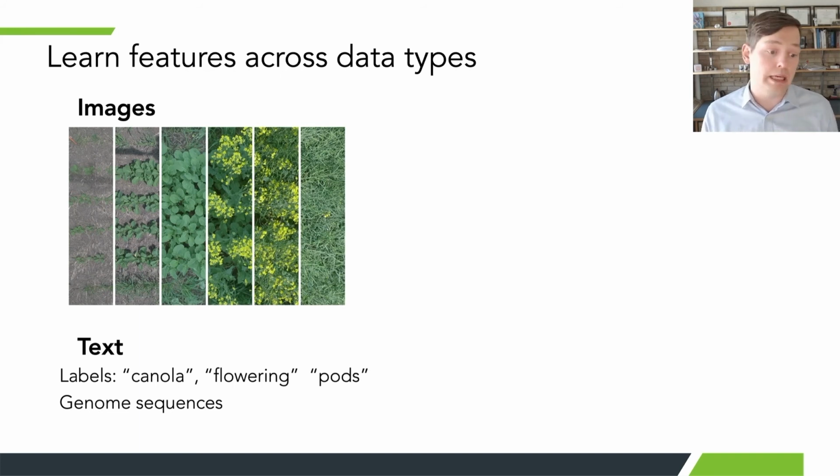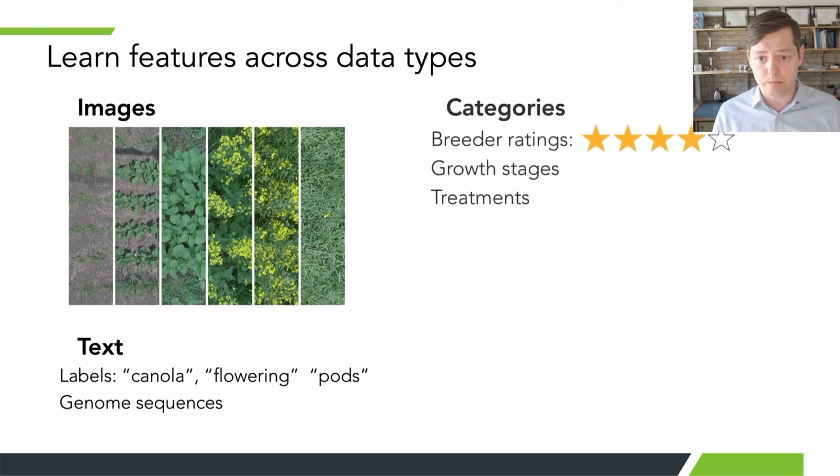These could be labels that have been assigned to images or particular microplots, such as canola, flowering, pods, or the breeder notes that they might take while observing the field. But these could also be text-like data, such as genome sequences or other structured data that has some structure that we can take advantage of.